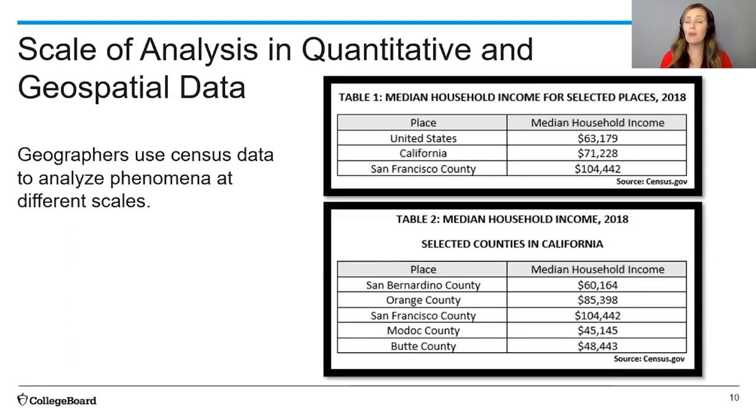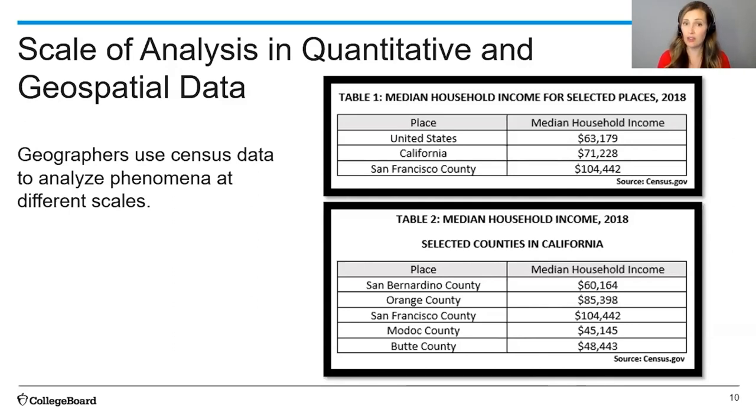Now, if I go back up to the top table, I might be inclined to think, if I only look at the state of California, that most people in the state of California earn a median household income of roughly $71,000. When I go to the second table, however, I see that there is tremendous variation, ranging from roughly $45,000 in Modoc County to over $100,000 in San Francisco County.